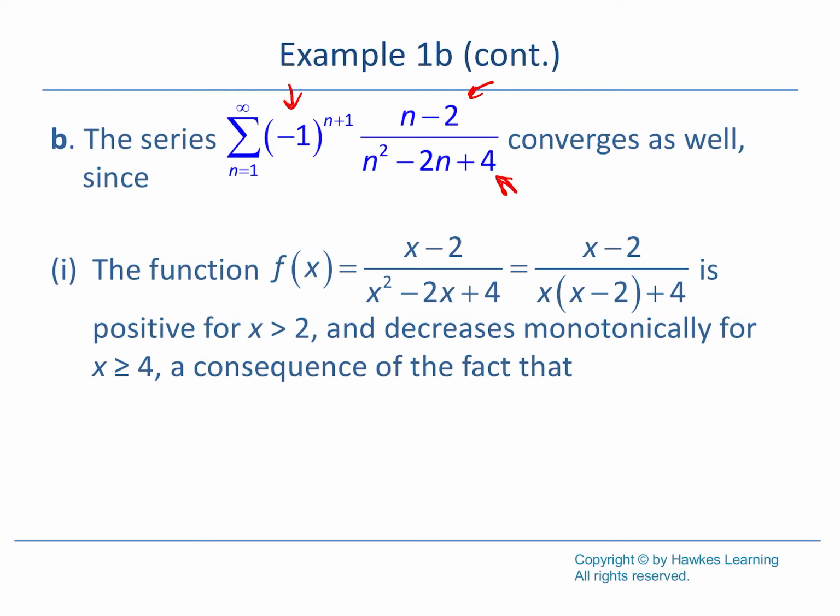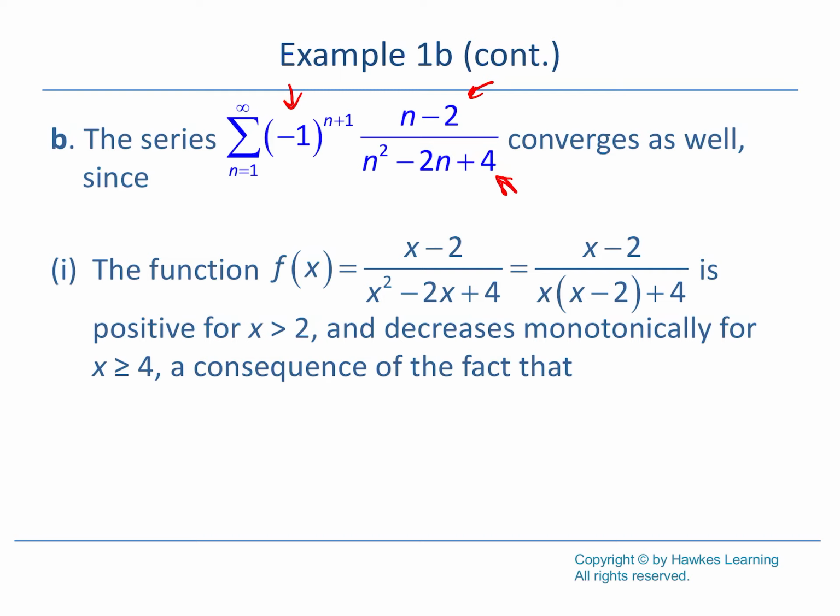The first part is we want to see if all of the sequence terms are decreasing monotonically, at least at the tail end. So at the beginning, if you were to throw in n equals 1, n equals 2, n equals 3, this thing wouldn't look like it's monotonically decreasing.